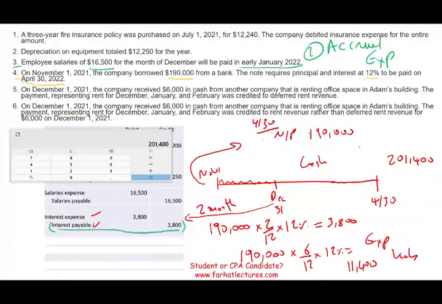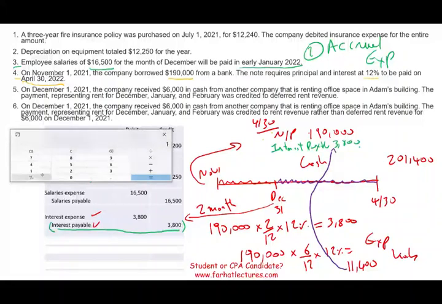We said we owe the bank 3,800. Now we pay it. We have to debit interest payable 3,800. Now we still have it, it doesn't balance. Now we have to record the expense that took place from January 1st till April 30th. Well, the difference is 11,400 minus 3,800 because the total interest was 11,400. So let's do it that way: 11,400 minus 3,800, and that's the amount of interest expense.